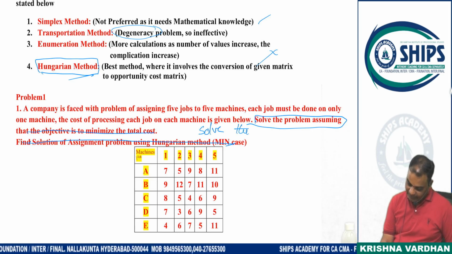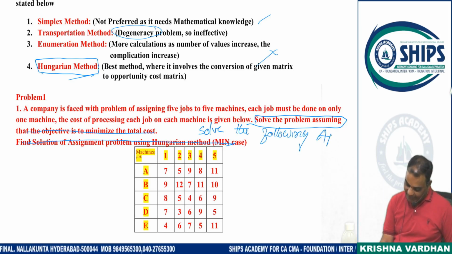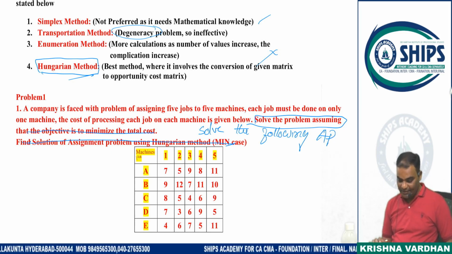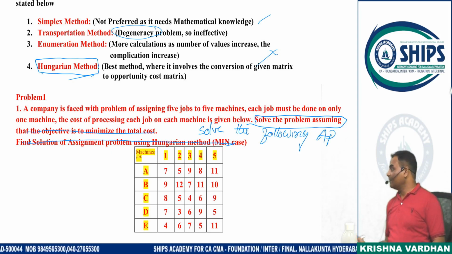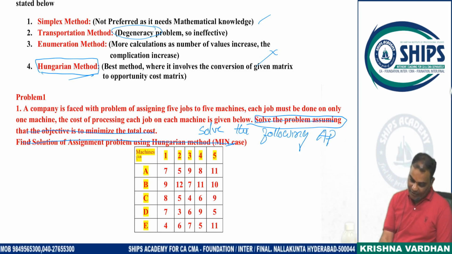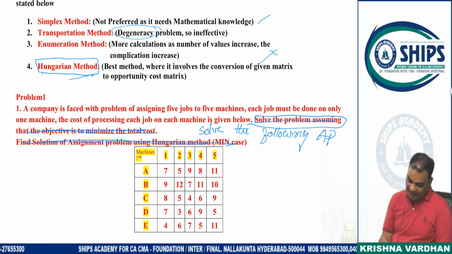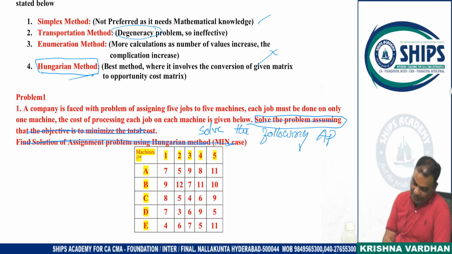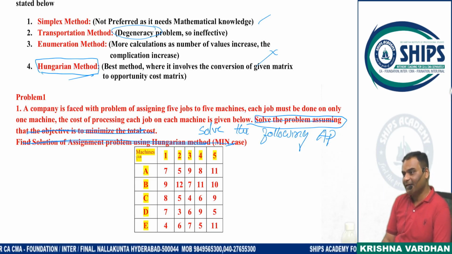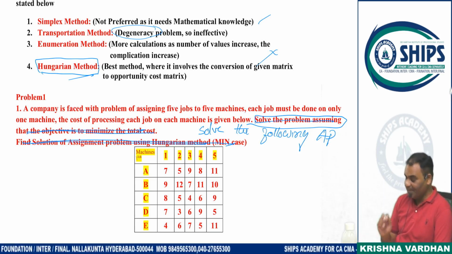I'll say AP. AP means assignment problem, not Andhra Pradesh. Solve the following AP. The one which I have struck off, don't write that in the question. Write only the 2 lines, and last part, write solving. A company is faced with a problem of assigning 5 jobs to 5 machines. Each job must be done only on 1 machine. The cost of processing each job on each machine is given below. Solve the following assignment problem. Clear? And take this matrix.